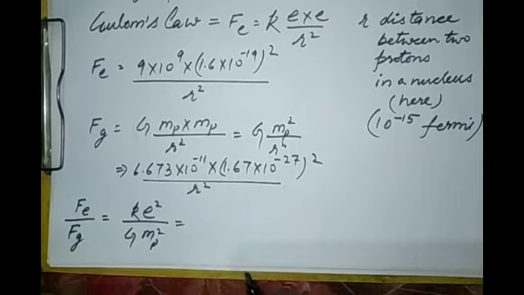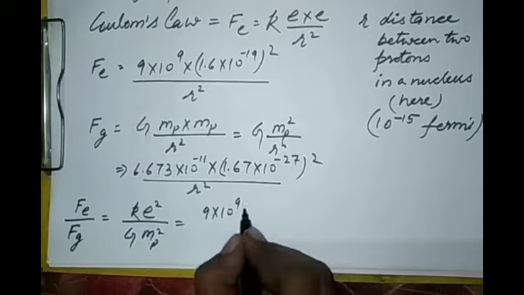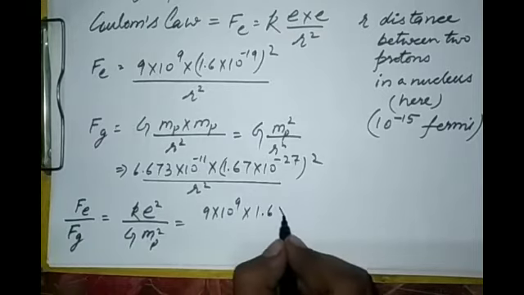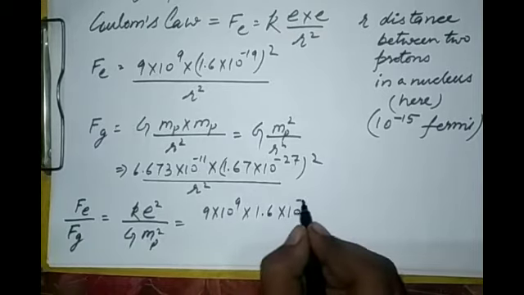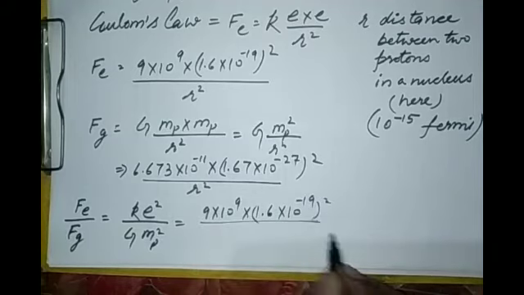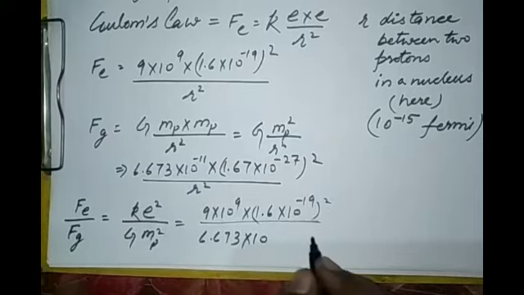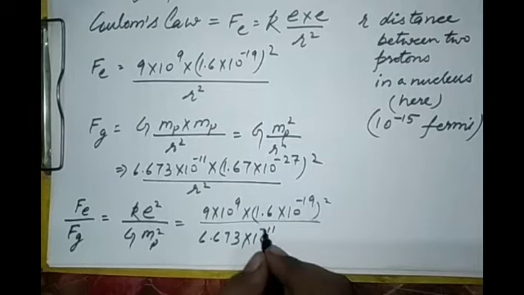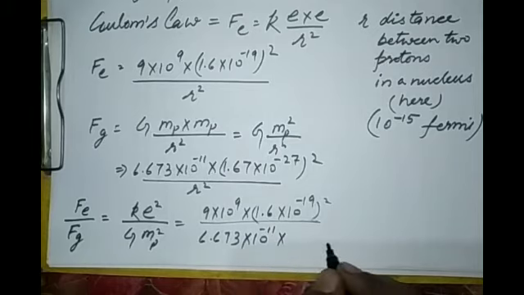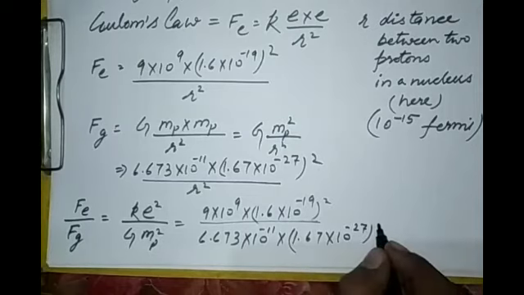If you write the values of k, which is 9 times 10 to the 9, times 1.6 times 10 to the minus 19, squared, and the whole divided by G, which is 6.673 times 10 to the minus 11, multiplied by Mp, which is 1.673 times 10 to the minus 27, squared.